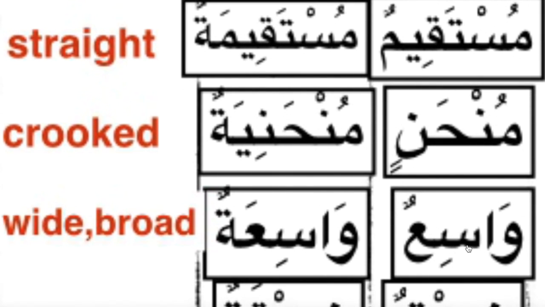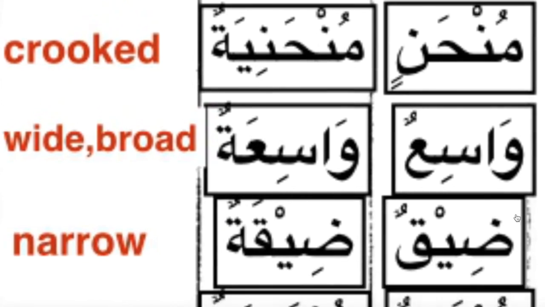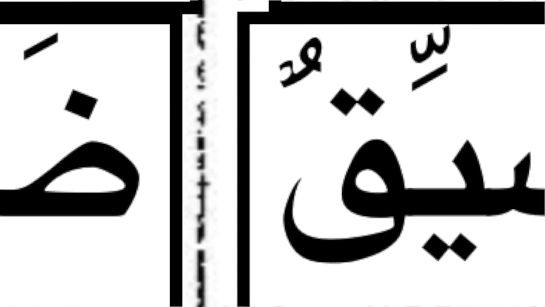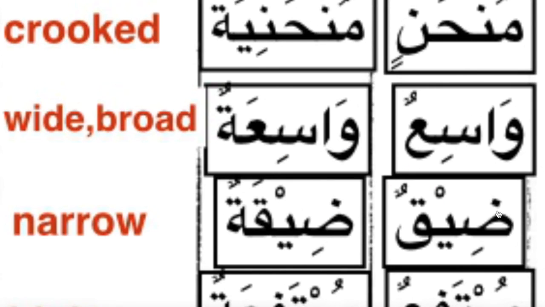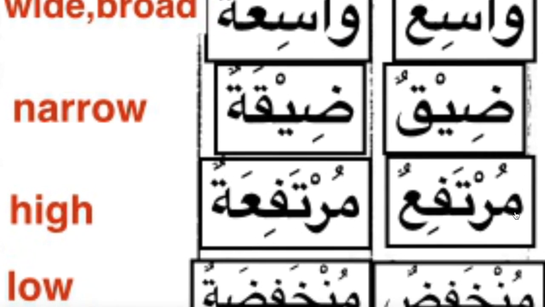Wasi'un, wide or broad. The feminine will be wasi'atun. So what will be narrow? Narrow will be dayiqun. Dayiqun is for masculine, and if it is a feminine noun, we say dayiqatun. You've got to remember that, inshallah. High will be murtafi'un.